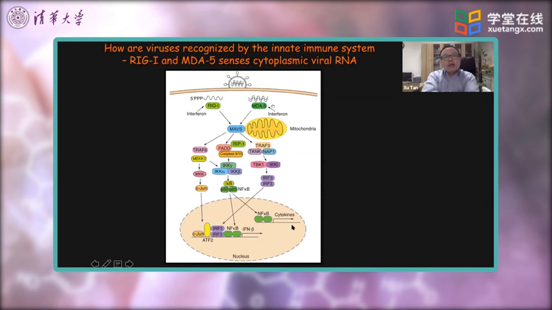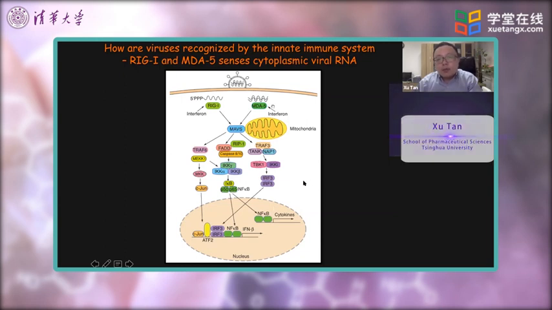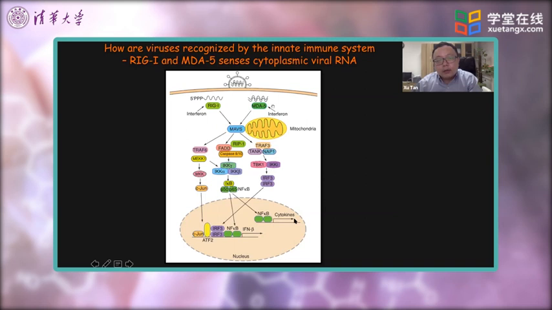So this sensing really activates the interferon system as well as other cytokine molecules, including interleukins, which can then be released into the environment to recruit other defense cells, such as, as I mentioned, neutrophils and NK cells, to further activate the defense system.